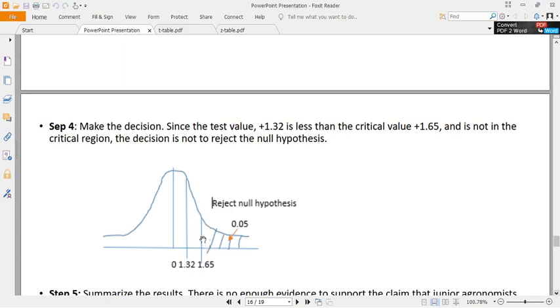So anything that is greater than that, remember the researcher claims that they earn more than that. So anything that is more than 1.65 lies in the critical region, and anything that lies here, we reject the null hypothesis. But our test value came out less, it is not in the critical region. So therefore, we do not reject the null hypothesis.